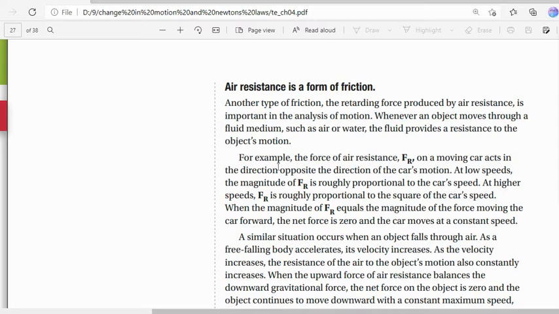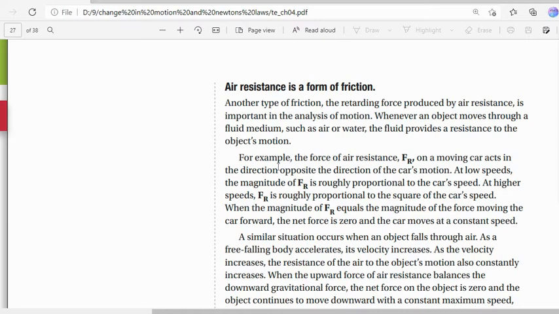But when the speed becomes higher and higher, in this case the object will move with constant speed, the acceleration is 0, and the net force also equals 0.